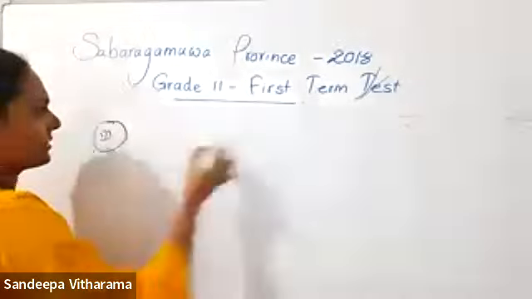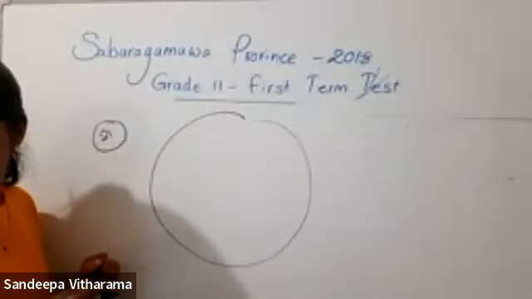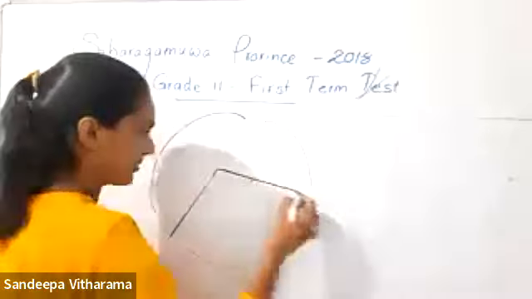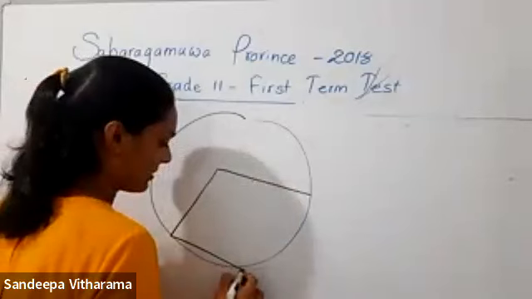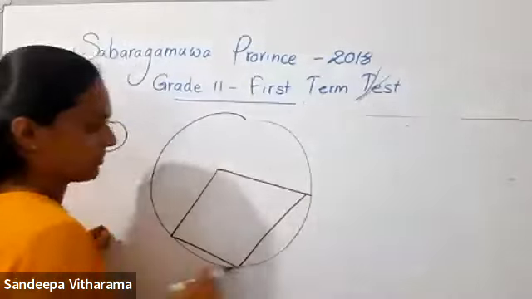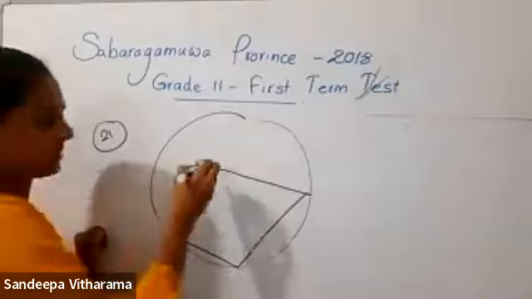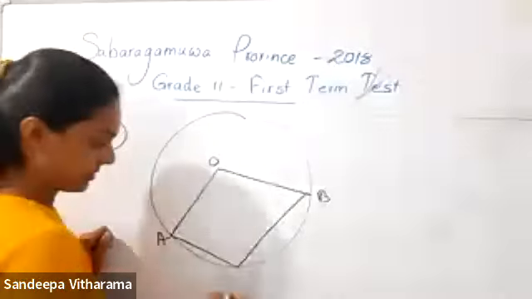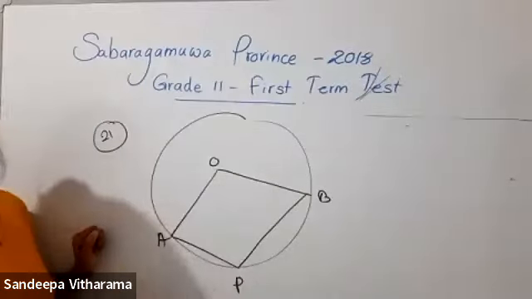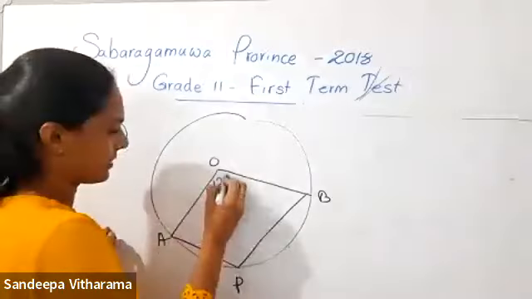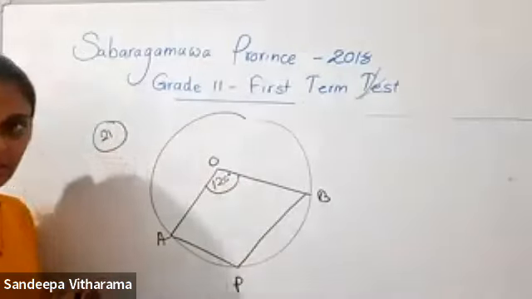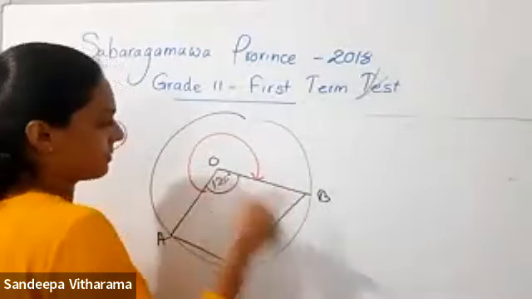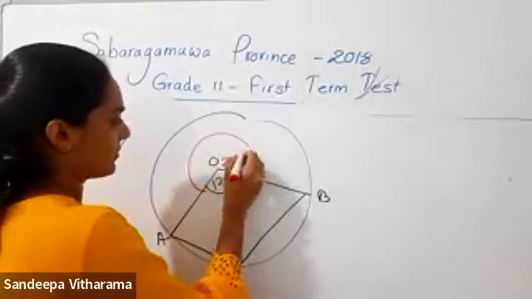The 21st question is based on cyclic quadrilaterals or relative angles? No, you haven't done that. So this is 120. If this is 120, we know that the reflex angle is this one. AOB reflex angle is equal to 240.